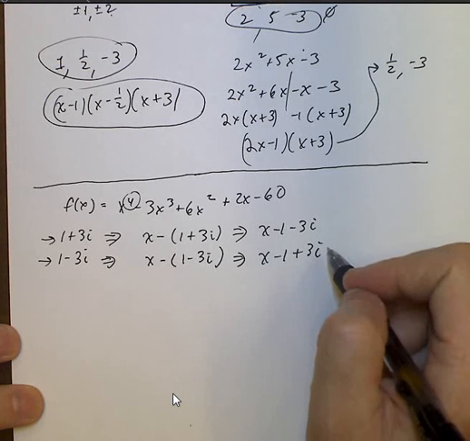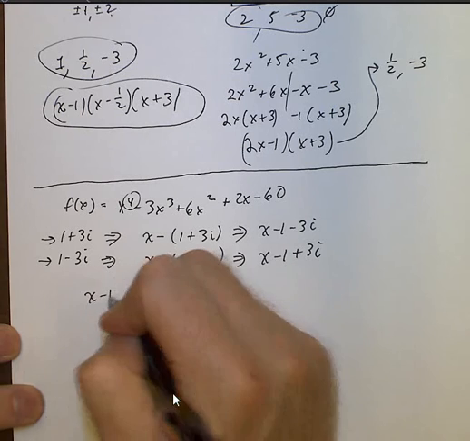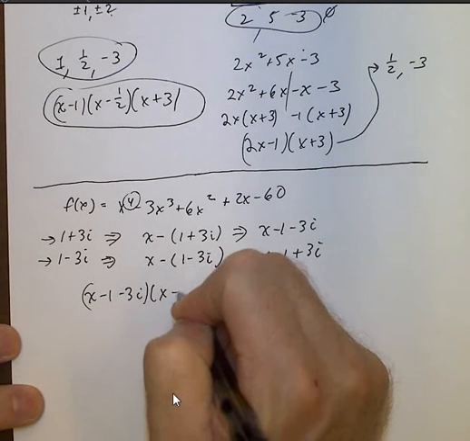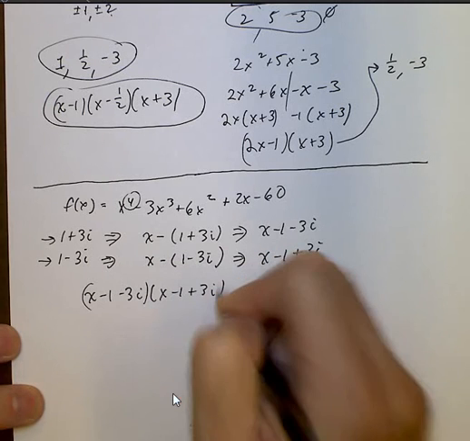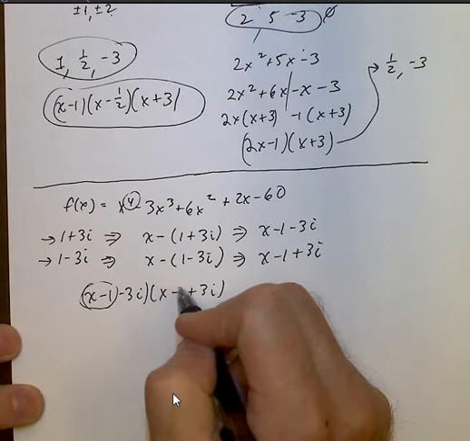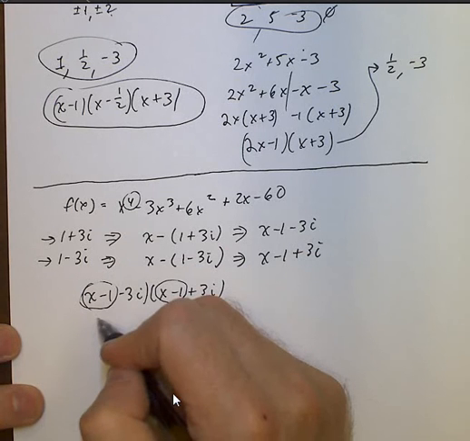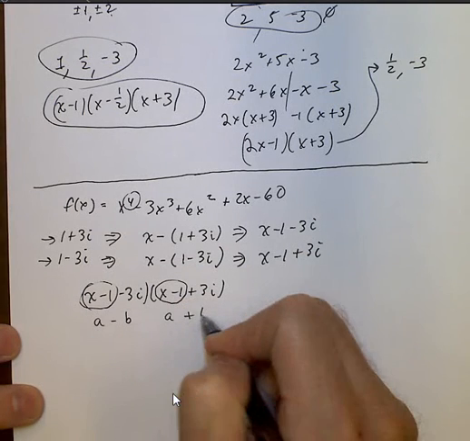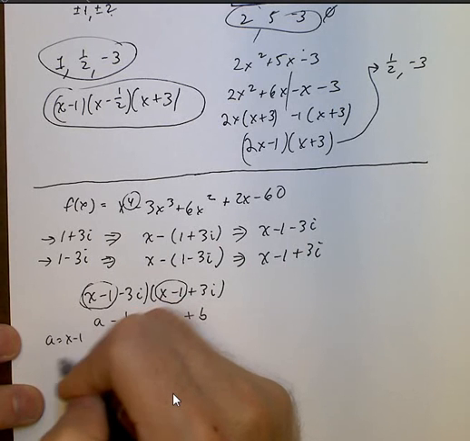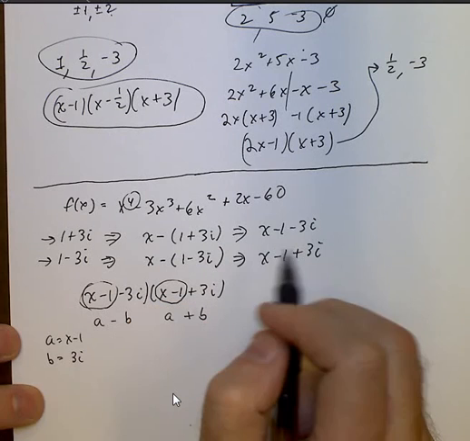We multiply these factors together: x minus 1 minus 3i, times x minus 1 plus 3i. Now you might say that's a lot of multiplication. It's 3 by 3. But what you can do is see that we can rewrite this as an a minus b and an a plus b, where a is x minus 1 and b equals 3i. Pattern here.